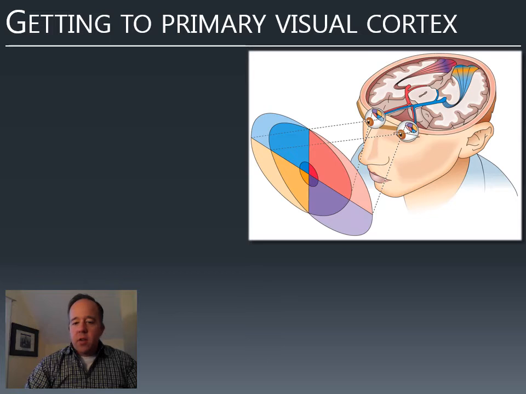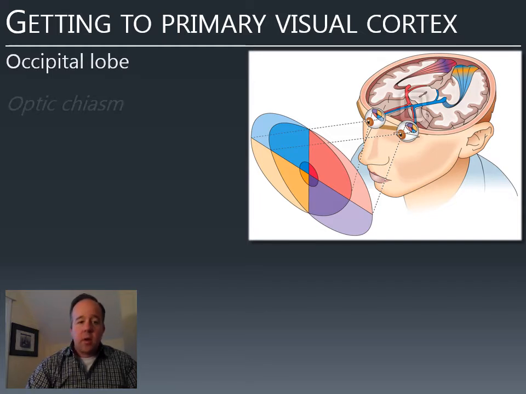But of course, your retina doesn't do all of your visual processing. It does only a very small part of it. So we have to get the information from the retina to visual cortex, and we'll start with primary visual cortex. So visual cortex, of course, is located in your occipital lobe, the lobe of your brain farthest back in your head.